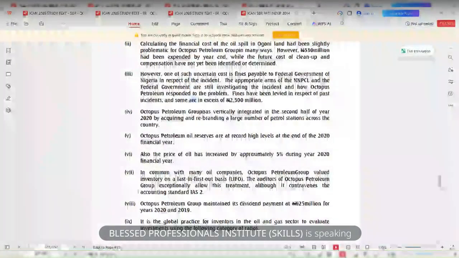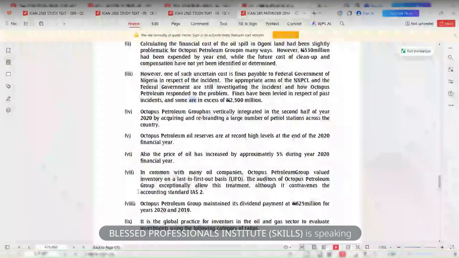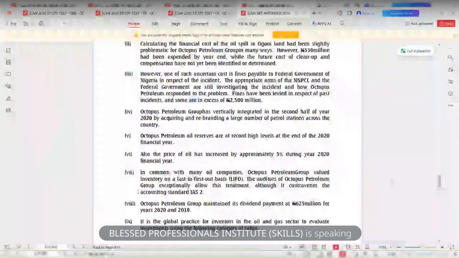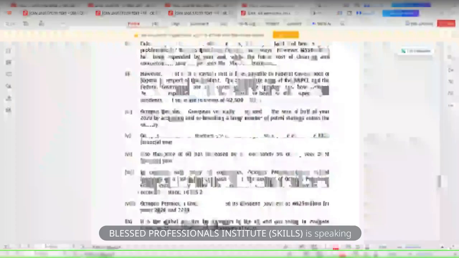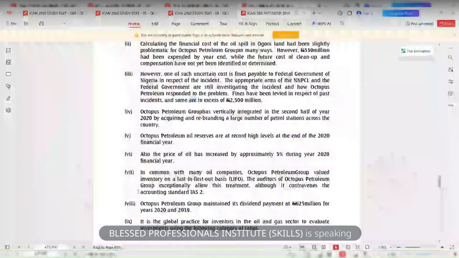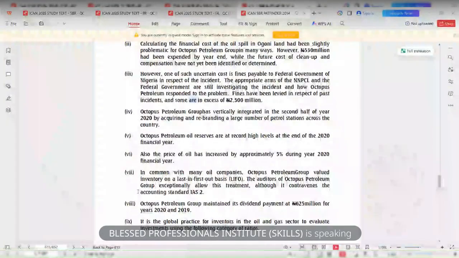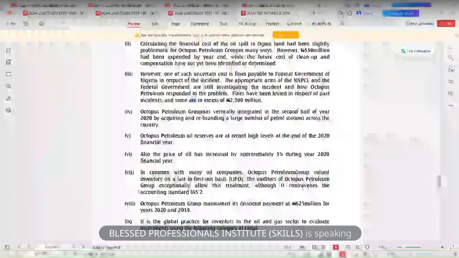Then we move to liquidity. The liquidity position of the company appeared to be stable with a current ratio of 2:1 for years 2019 and 2020. But there has been a negative shift in liquidity position when the acid test is considered. This could be as a result of a decline in cash position of Octopus Petroleum as a result of payments made in respect of the oil spill, while the inventory levels are increasing.